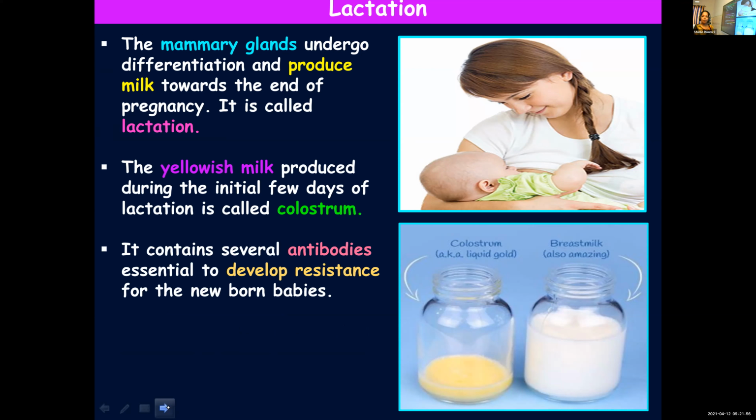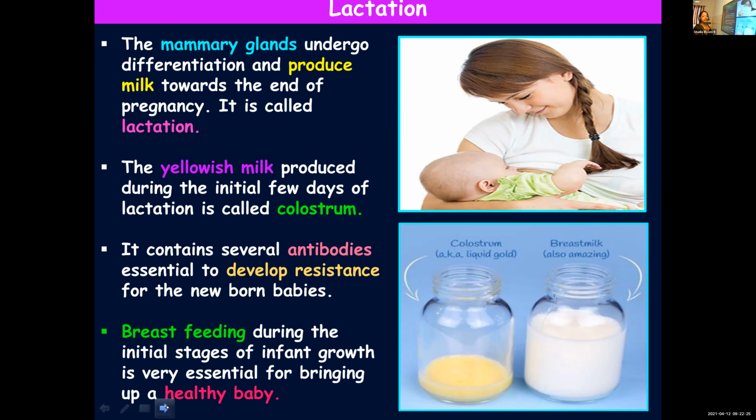When any foreign particle enters our body, it will stimulate the production of antibodies, and these antibodies fight against infection. Along with the colostrum, the baby is taking in different antibodies, and these will help the baby get resistance towards different diseases. So it is necessary that the baby gets colostrum so that it can develop resistance in its future life.